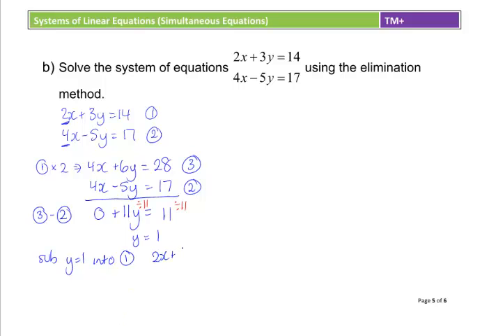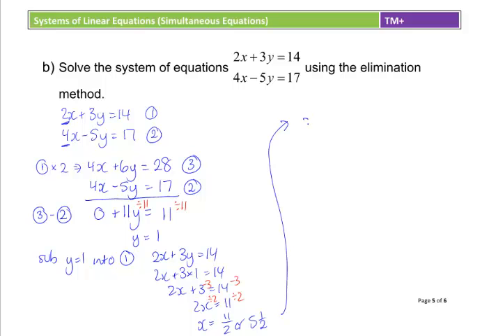Now I'm going to substitute y equals 1 into equation 1. So I've got 2x plus 3y equals 14, 2x plus 3 times 1 equals 14, 2x plus 3 equals 14. Try and isolate, minus 3 from both sides, so 2x equals 11. Divide both sides by 2, so x equals 11 over 2, or 5.5.